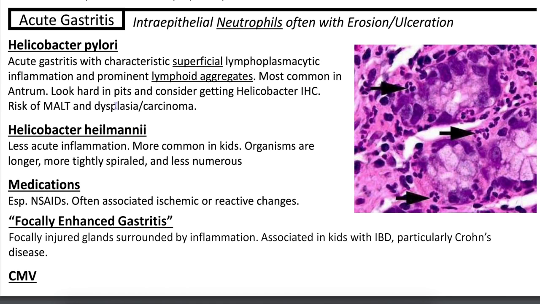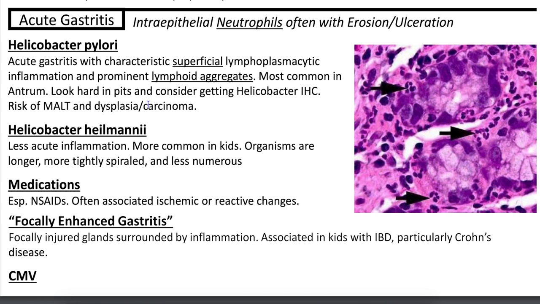And you can have increased risk of dysplasia or carcinoma. Helicobacter heilmannii, there's less acute inflammation. It's more common in kids. And compared to the H. pylori, which looks like seagulls on H&E, these organisms are longer, more tightly spiraled like your spirochetes, and less numerous.